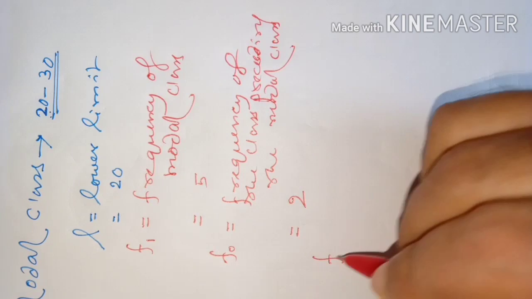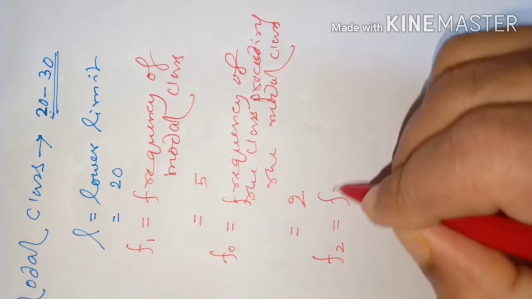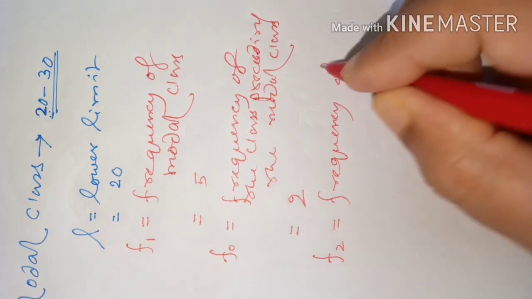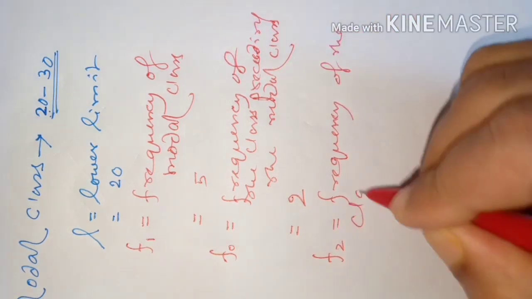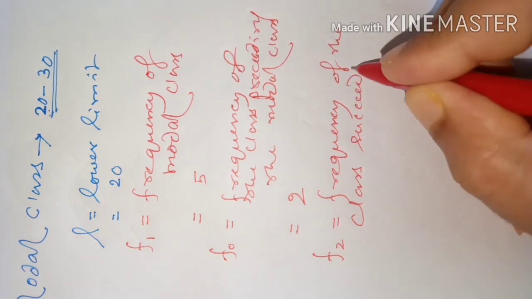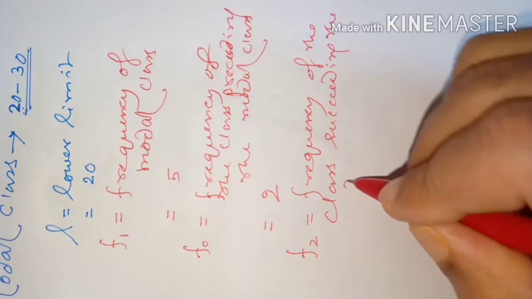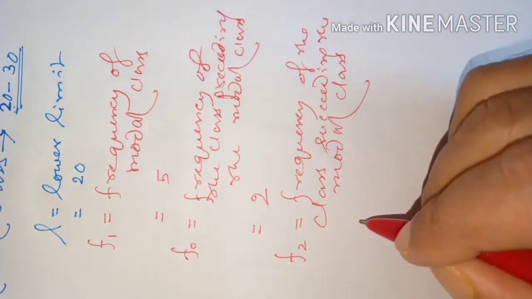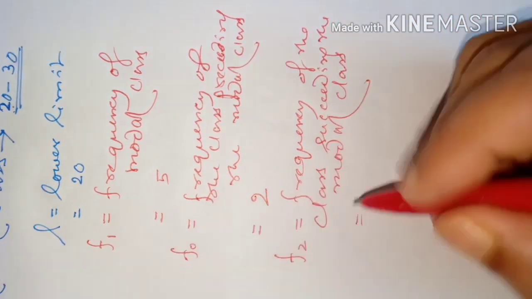And F2 is the frequency of the class succeeding the model class, that means the one after F1, so F2 is equal to 3.